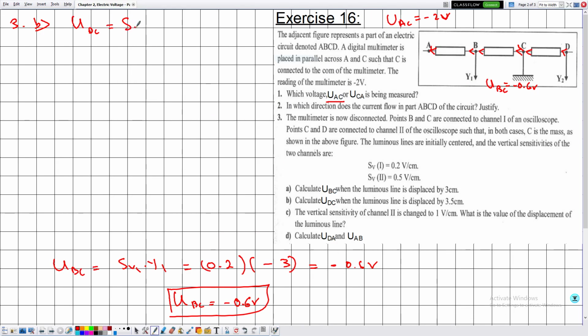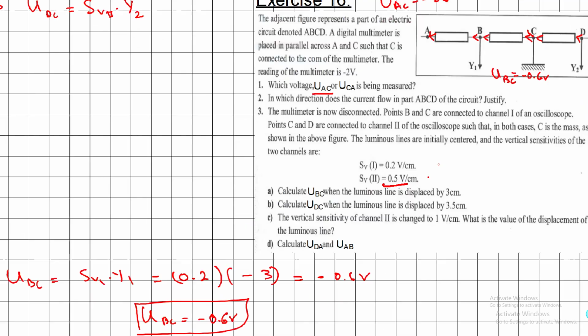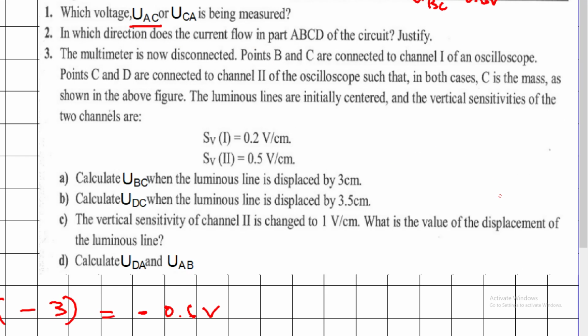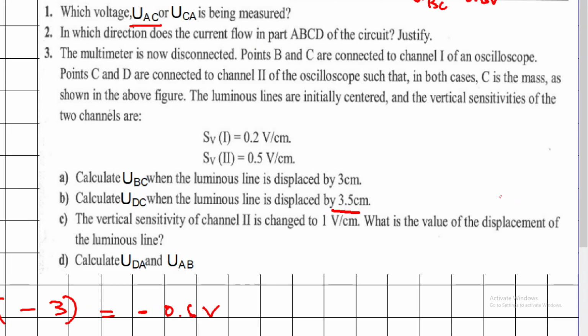So this is equal to SV2 multiplied by Y2. The value of SV2 is given. Now we need to determine Y2. Y2 is also given as 3.5 centimeters, but they are telling me it's displaced by 3.5 centimeters. So Y2 can be either plus 3.5 centimeters or minus 3.5 centimeters, and this depends on whether UDC is positive or negative.